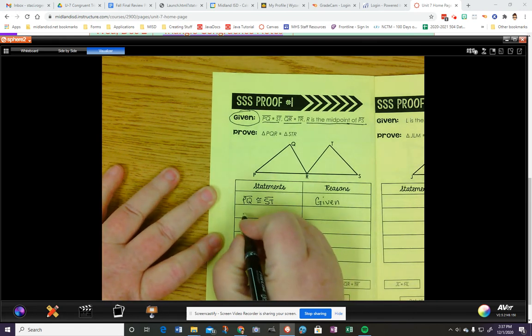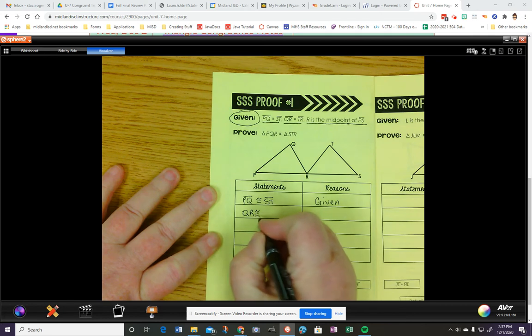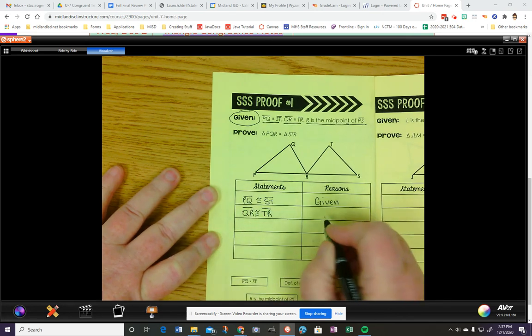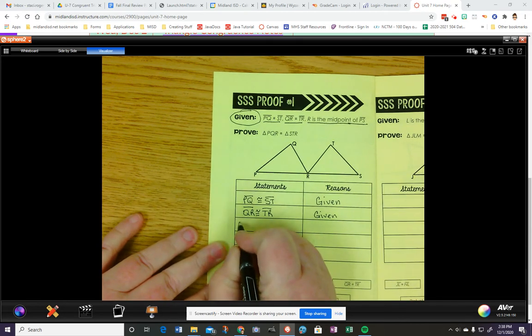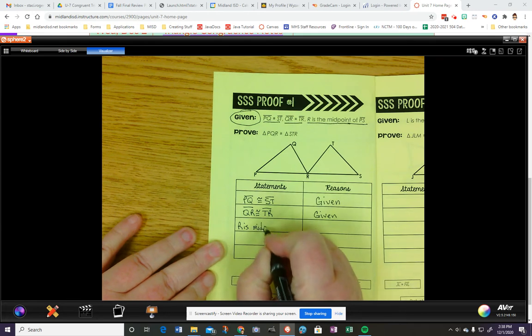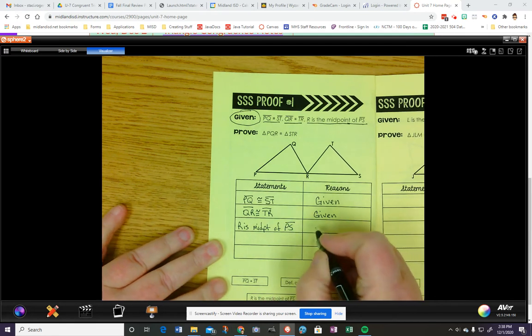Then QR is congruent to TR, segments, and the reason is given. Then R is the midpoint of PS. Why? It was given to us.